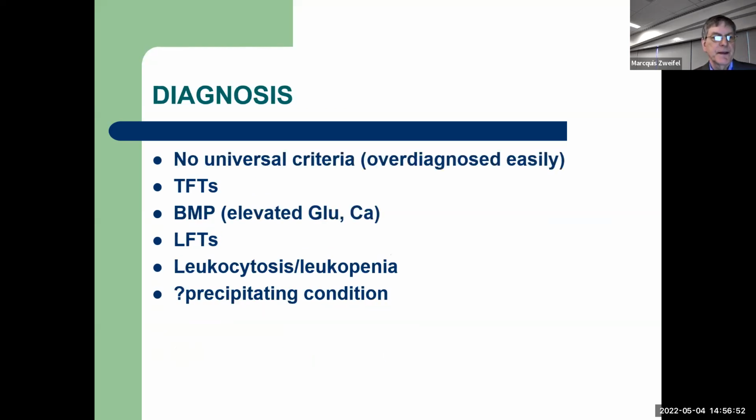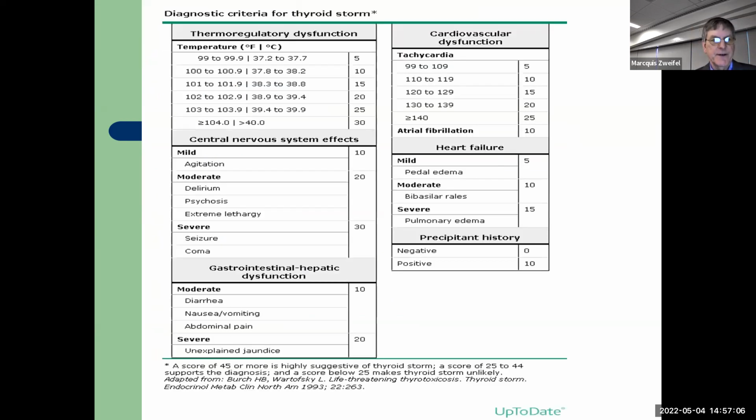So overdiagnosed, I think. We get a lot of calls for thyroid storm. Most of the people don't have it. You want to measure TFTs, BMPs, LFTs, and try and find out. There are a lot of scores, and I know you guys probably have an app, and you can calculate the risk for thyroid storm.